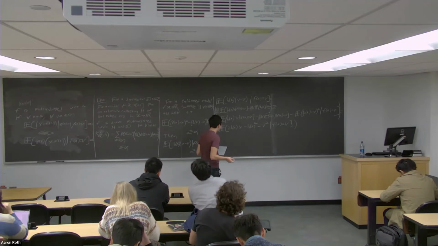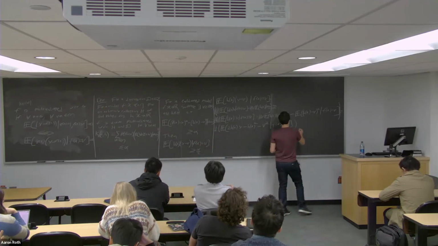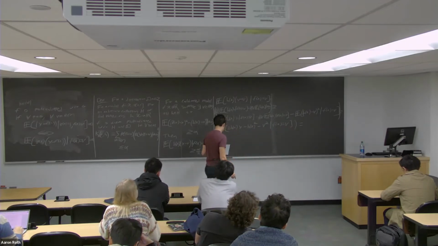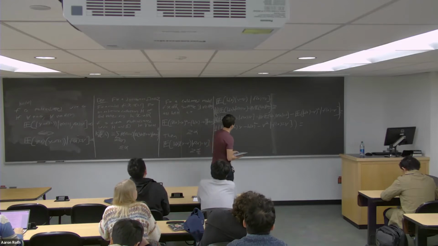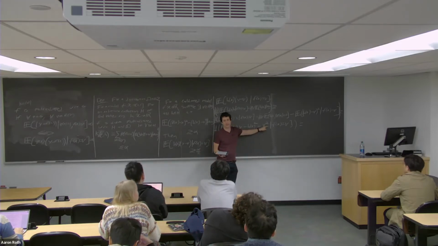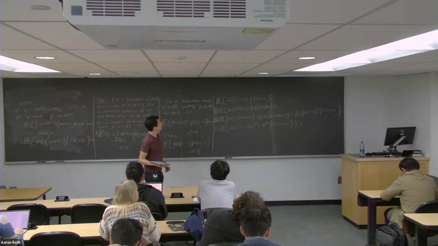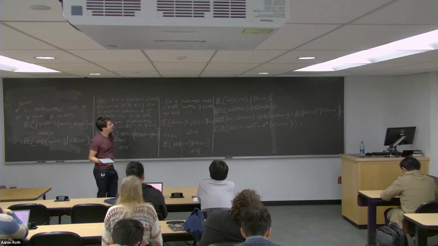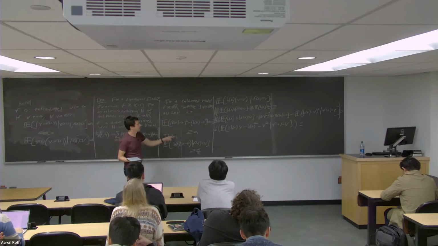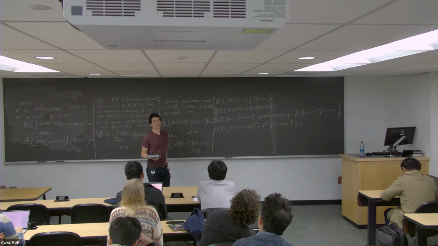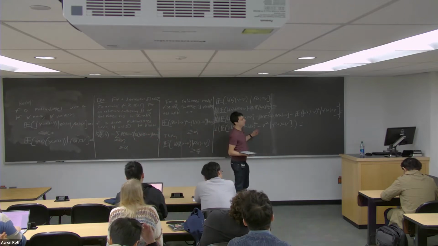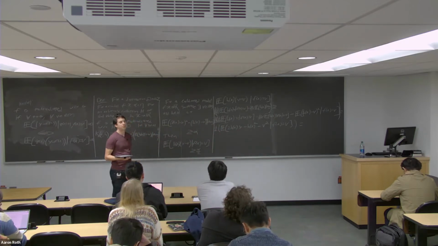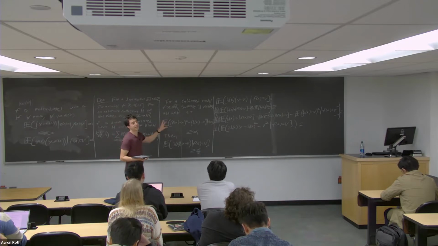Now I'm going to do another dumb maneuver, which is that I'm going to add a copy of v squared, and then subtract off a copy of v squared. And I'm going to use the fact that f was calibrated. We haven't used that yet, which means that the expected value of y on this level set is v. So actually I'm going to add and subtract off vy, which is the same thing because f is calibrated.